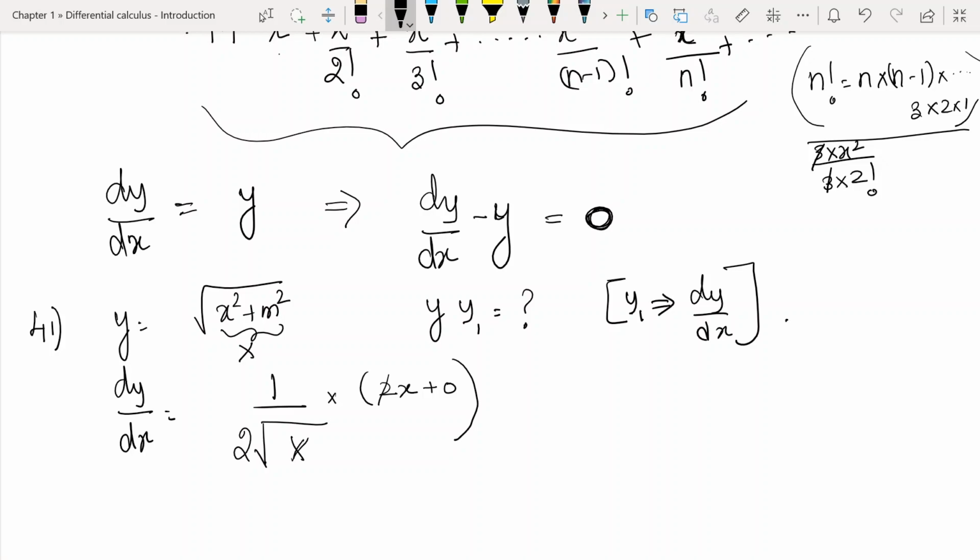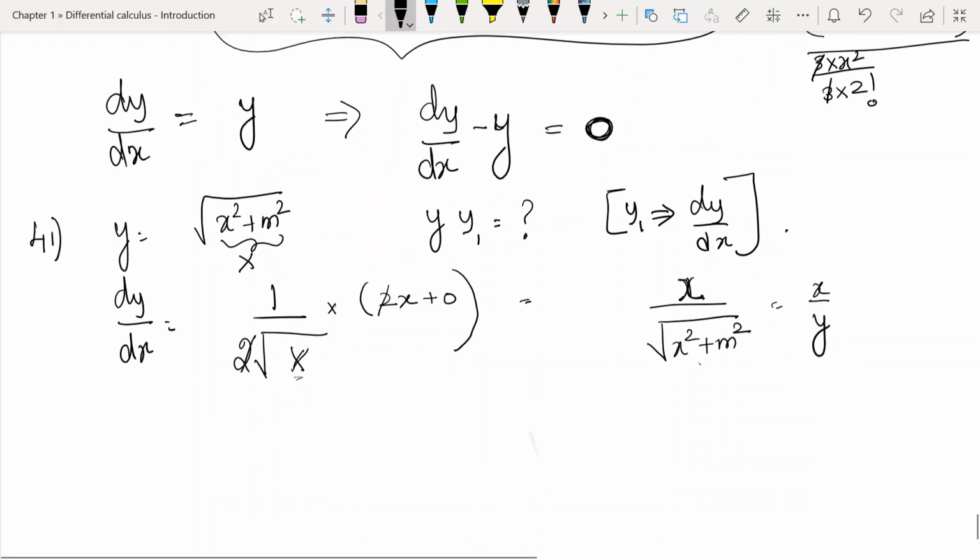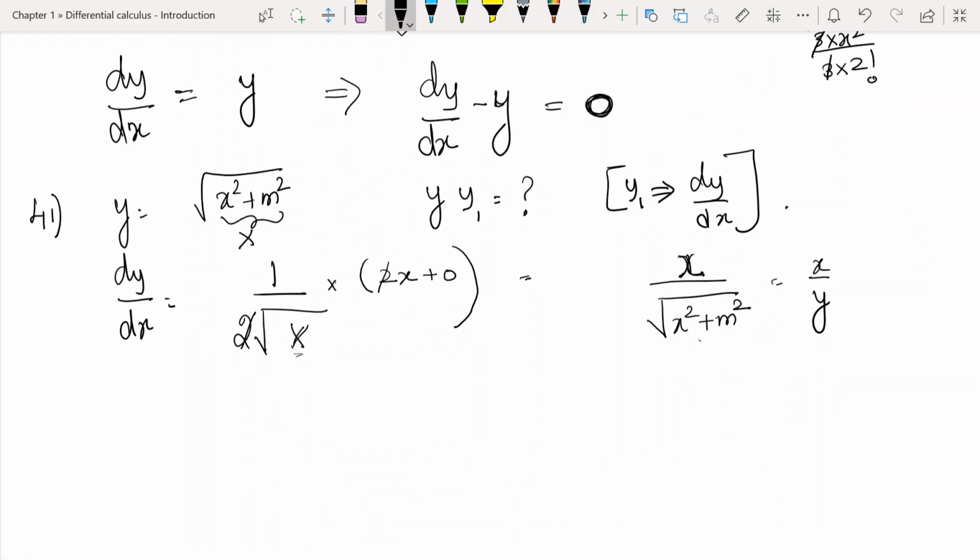Now this 2 will get cancelled with this 2. Let's write the value of x now. 1 by root of x is nothing but x square plus m square. This is nothing but x by y.